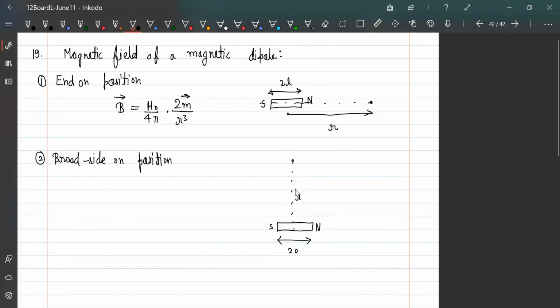This point is r vector away. This is the point पे जहाँ पे magnetic field निकाल रहे हैं, and value will be that is half of this one. So this is just like the electrostatics dipole.